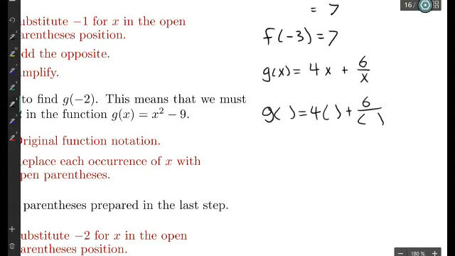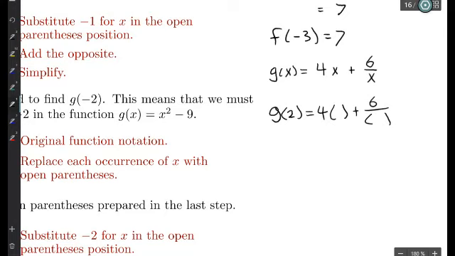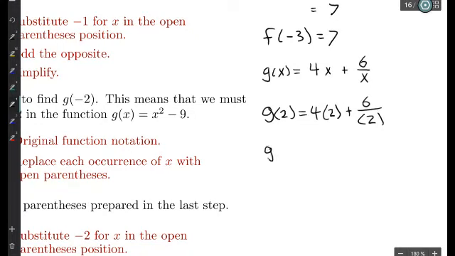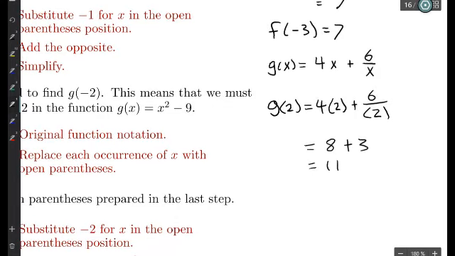So g of 2 means plug in 2 wherever there are parentheses, and then evaluate. So we work vertically. Here we get 4 times 2, so 8. Next term, 6 divided by 2, well, 3. So 11. Thus, g of 2 is equal to 11.